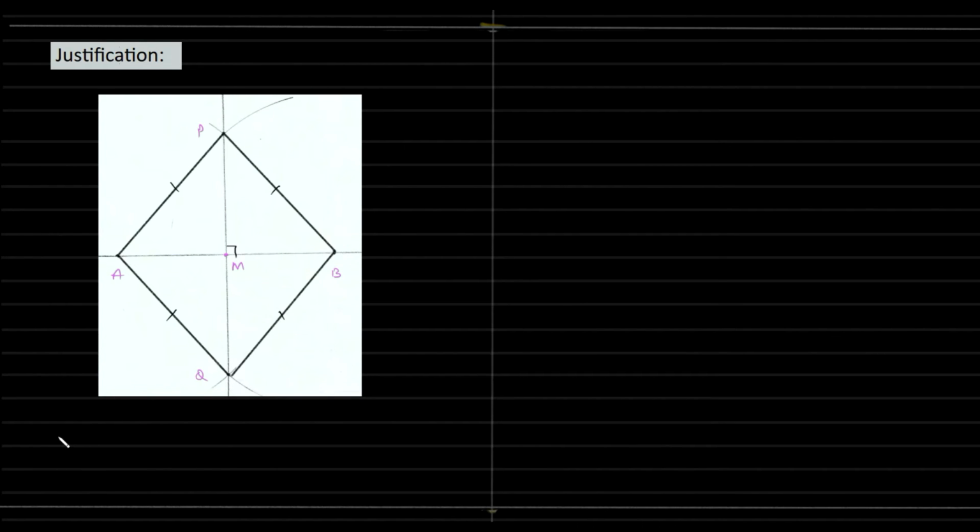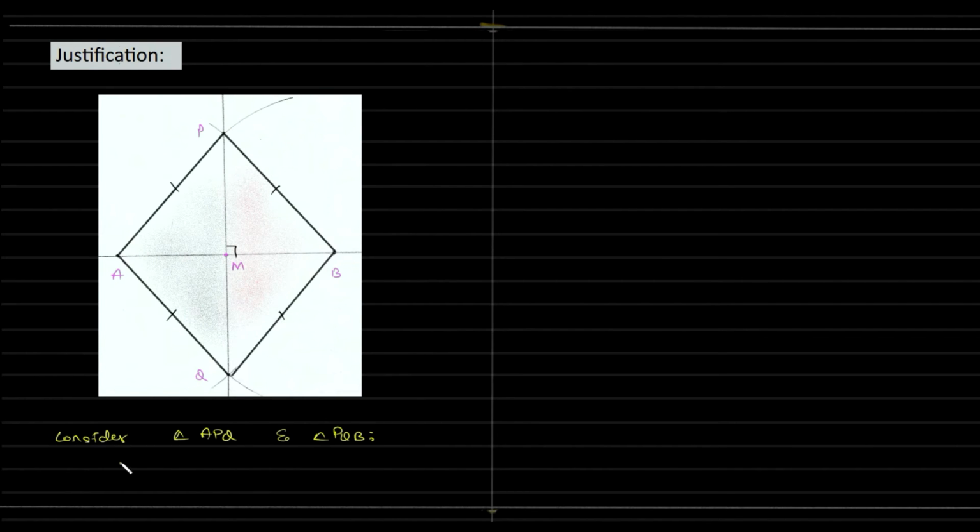So first we'll consider triangle APQ, this part of the triangle. And again, the other part of the triangle. Both have to be considered. And triangle PQB, they are congruent, is it not?